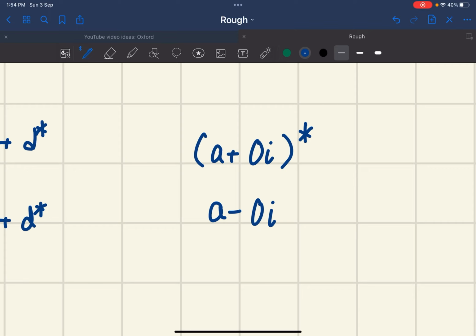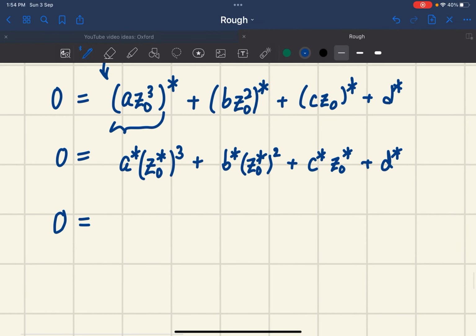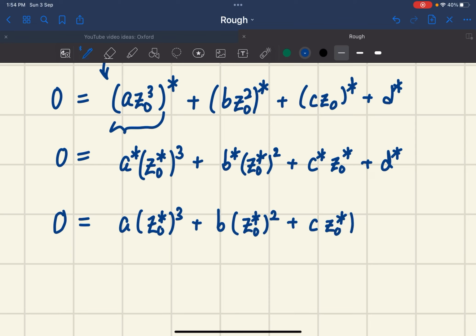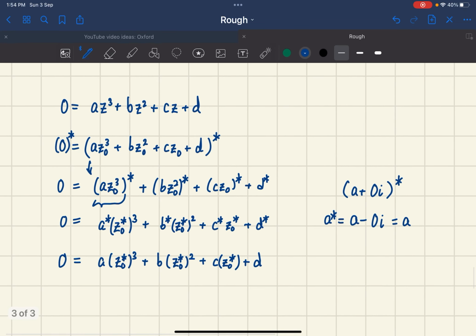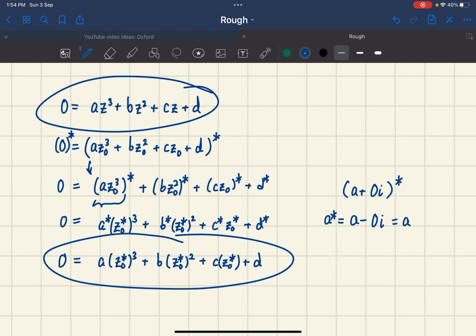So this is the complex conjugate of a, which is still a. b is also a real number, complex conjugated is still itself. That's interesting. So if this is true, then this is true.